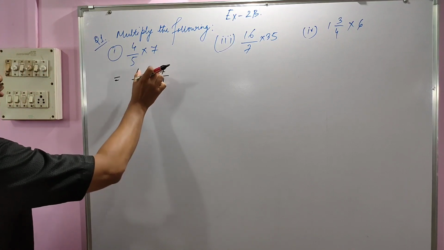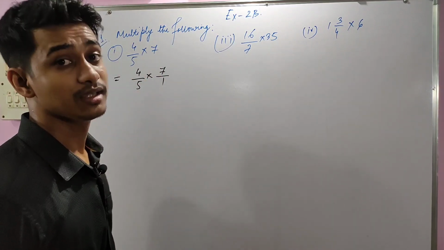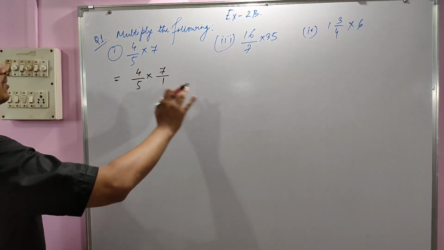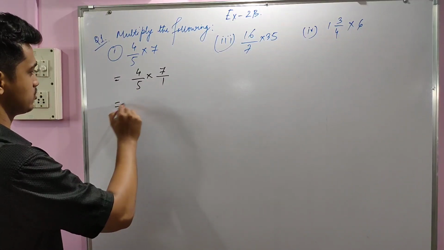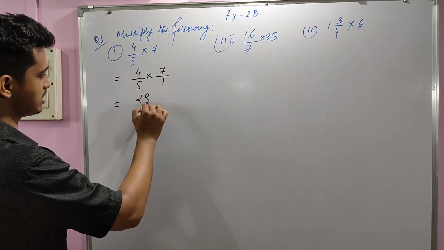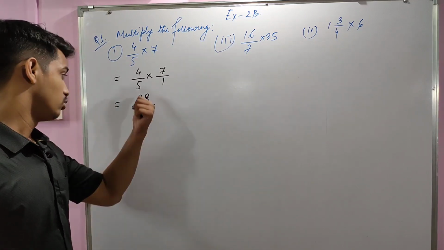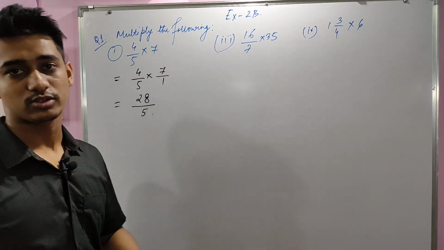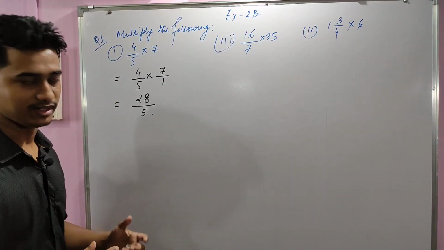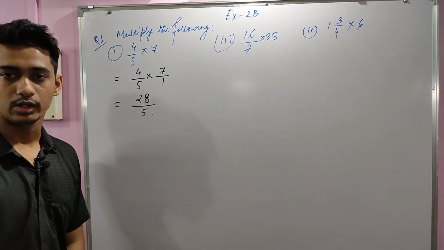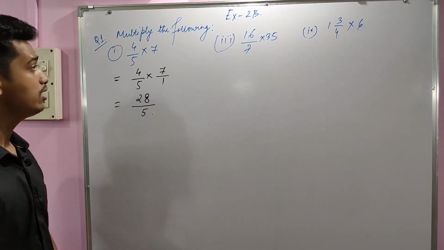So now numerator will be multiplied with numerator and denominator with denominator. Now 4 into 7 is 28 by 5 into 1 is 5. Now in 28 and 5 there is no common factor available, right? So this will be the required answer for question number 1.